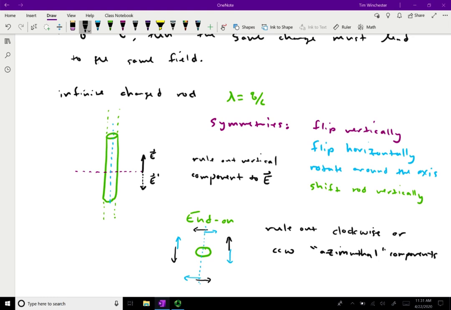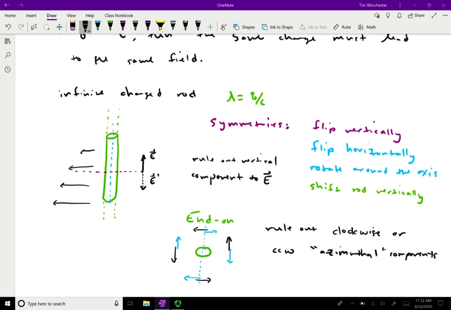But there's one more thing that we can do with that translational symmetry. Let's imagine that I guess that the electric field points away, but then not with equal magnitude as it goes. Maybe it gets stronger as you go further down the rod. Well, this is a place where I can use that translational symmetry to rule that out. As I shift the rod up and down, the electric field at some distance from the rod has to be constant.